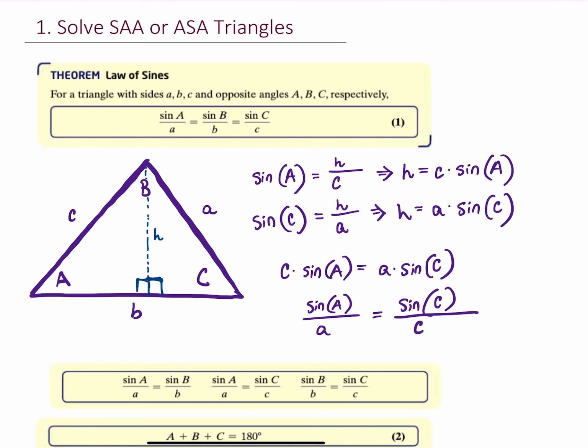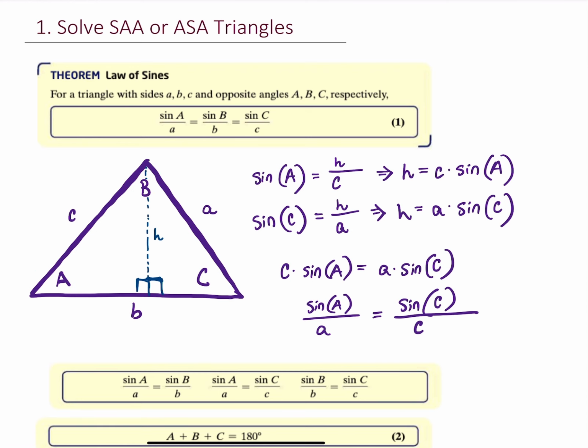And we can do a similar argument, say if we draw a straight line from this angle to create two right triangles, we can create a similar statement linking the sine of B and the sine of C. Or if we drew a straight line here, create two right triangles, we can relate the sine of A and the sine of B.